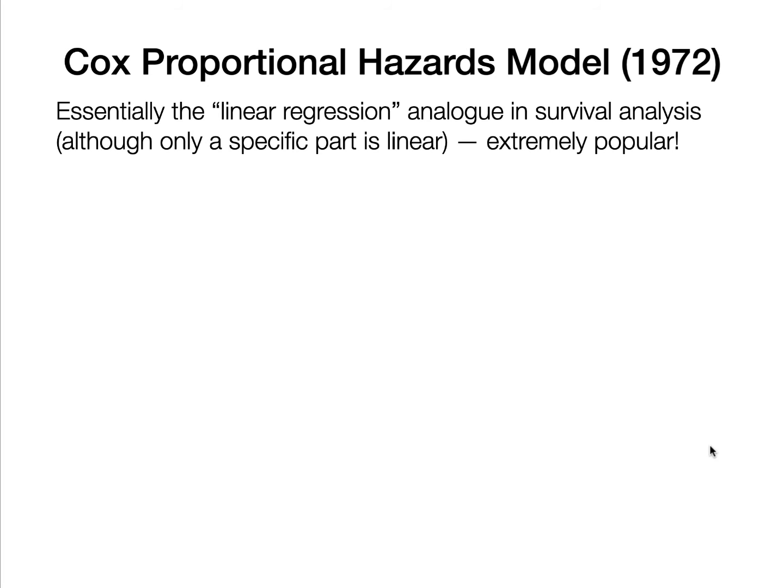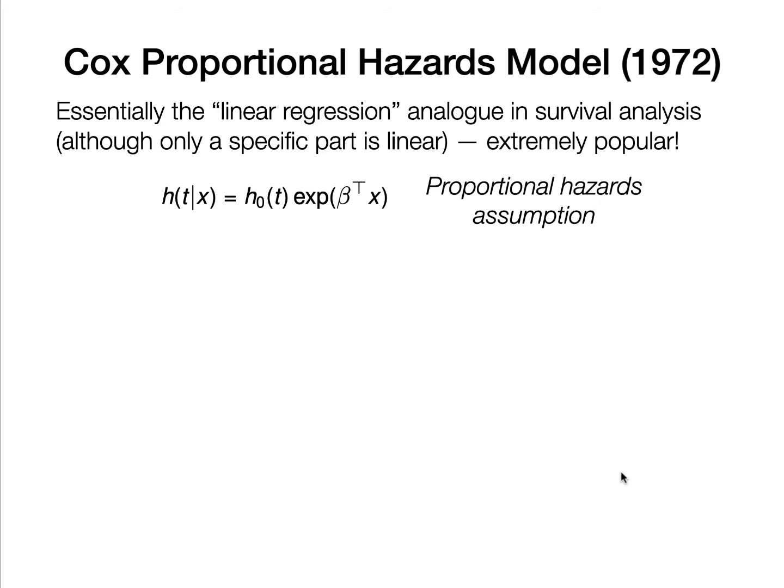All right, so now I'm going to talk about the Cox proportional hazards model. The reason I'm going to focus on this is because it is extremely popular. This is essentially the linear regression of survival analysis, although, as you'll see, only part of it is linear. The underlying assumption is called the proportional hazards assumption, and it basically assumes that the hazard function is of this form.